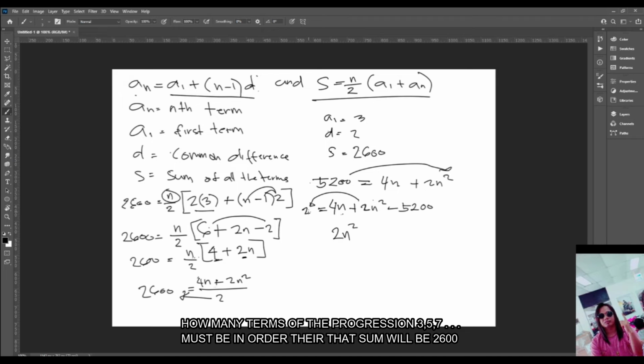If you transfer the 2n squared, it should be negative. But if you only transfer it here, it should remain the same. So this is also positive n plus 5 minus 2,600.